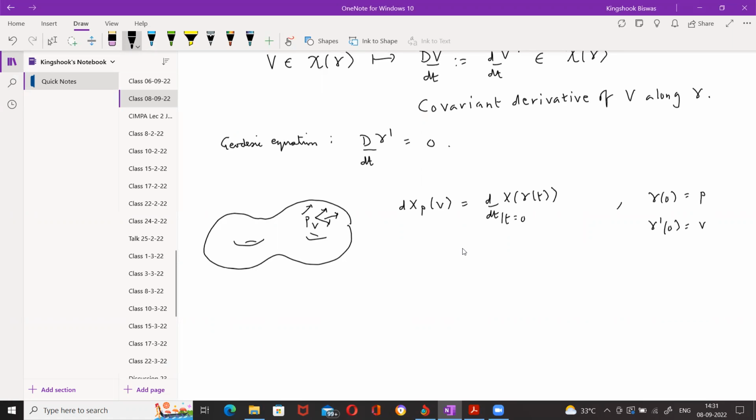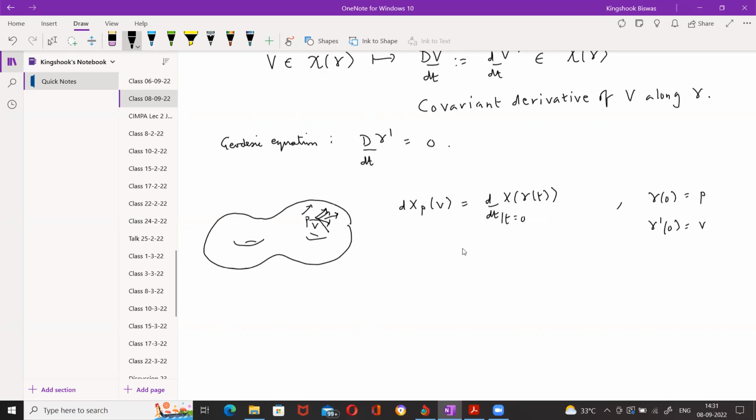Okay, so this X of gamma(t) is taking values in different tangent spaces for different values of t, but all the tangent spaces are subspaces of R^n. So all of these values X of gamma(t) are vectors in R^n. Therefore, I can differentiate this as a curve in R^n. Is this clear? So when I differentiate, I'll get a vector in R^n. For example, I take a curve tangent to v, and I look at my vector field restricted to this curve, and then I differentiate it at t equal to 0.